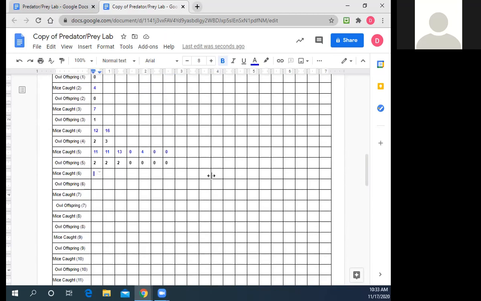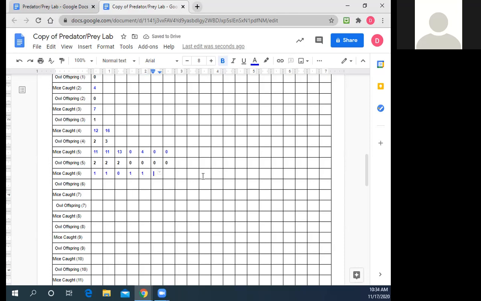So we're going to go through 10 swipes. Owl 1, got 1. 2, got 1. 3, got none, that doesn't count. Owl number 4, got 1. Owl 5, got 1.